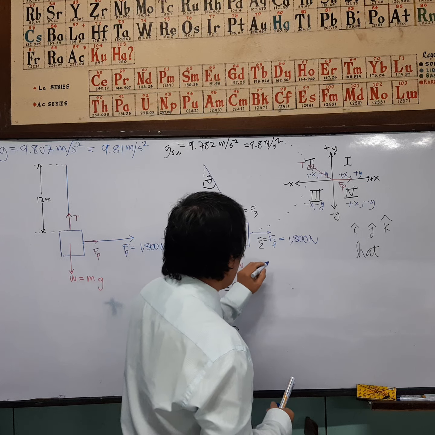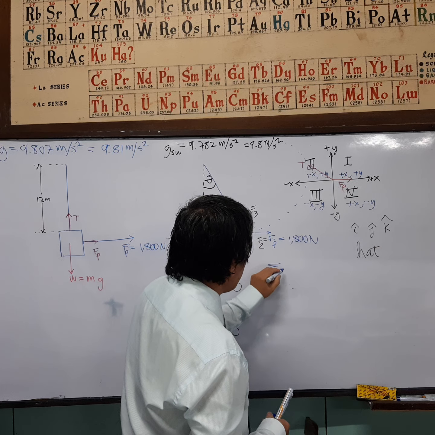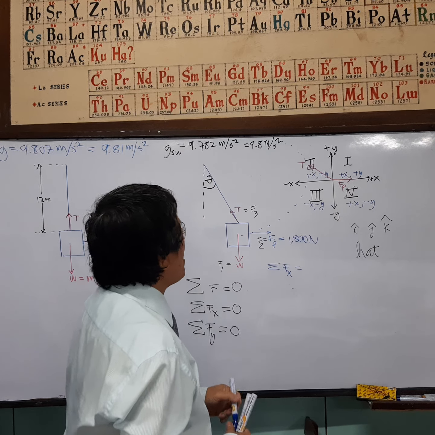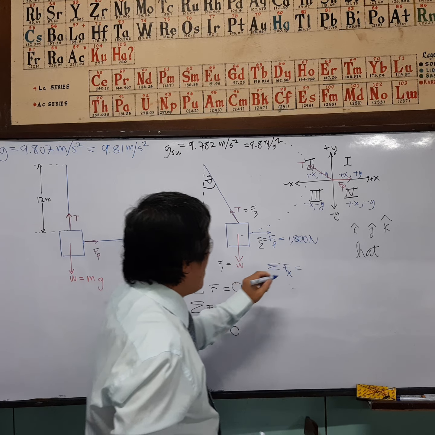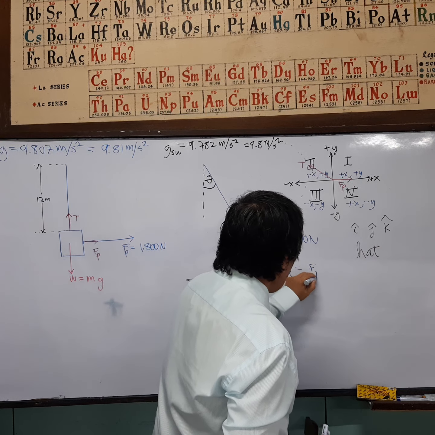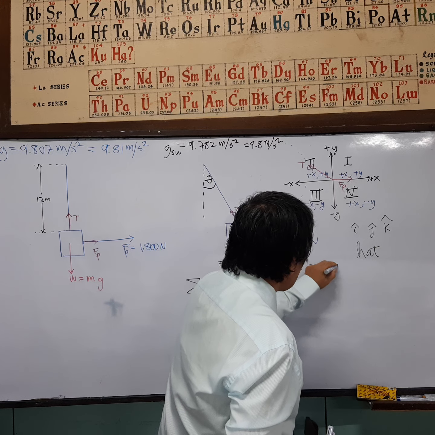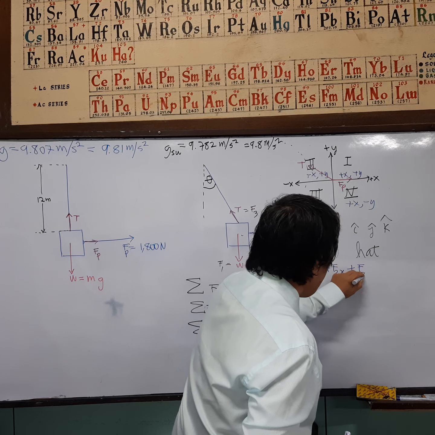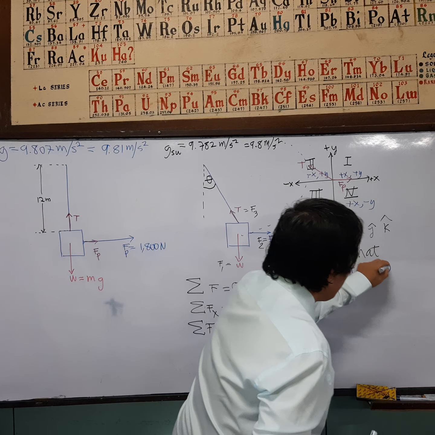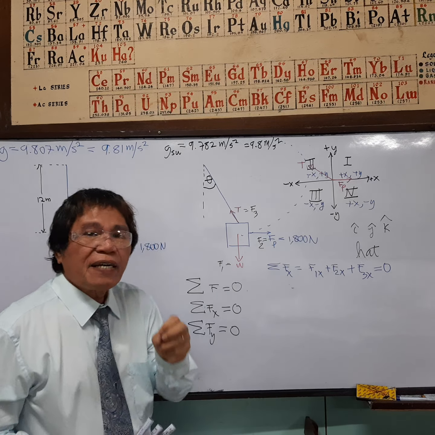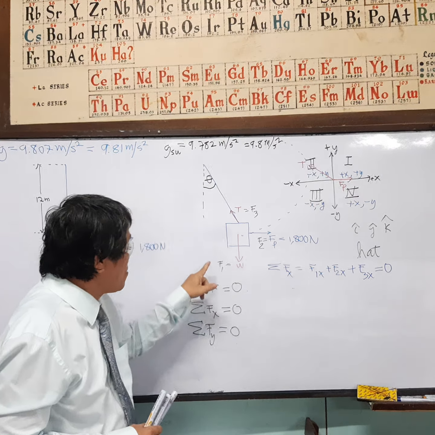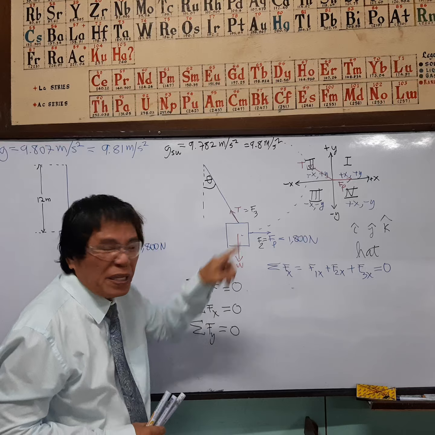Summation of forces. Along the x, summation of Fx is equal to F sub 1x plus F sub 2x plus F sub 3x equals 0. Remember, there are three forces: F1, F2, F3.